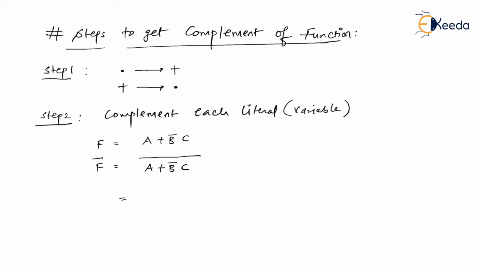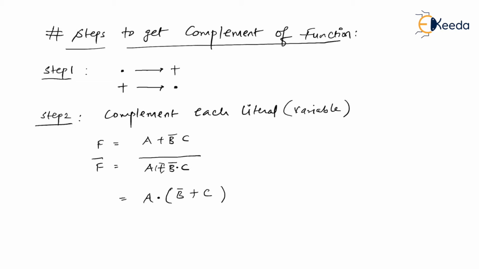Dot means product. So let me write a; there is a sum, so the sum has to be replaced with product. Wherever there is a product, I'm going to put a bracket, then b bar; again there is a dot, that is product, I'm going to replace it with sum. So this is the first step.